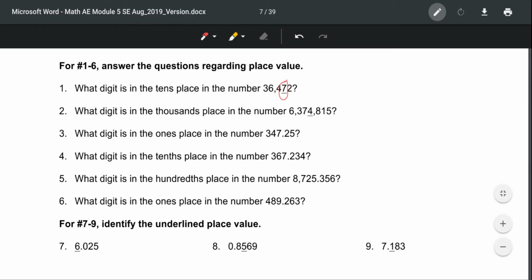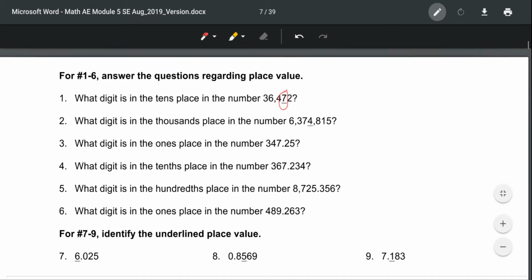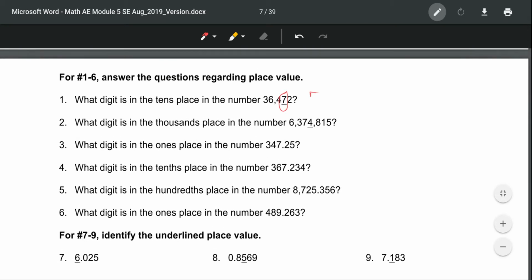So if you look back, 7 is in the tens place. So you could write that as 7 tens. So now it says what digit is in the thousands place. So 4 is the one that's underlined. So this would be read as 4,000.